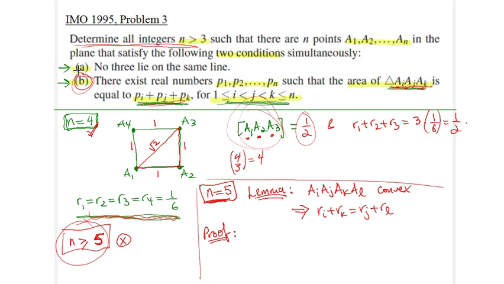So we just realize that whenever we have a convex quadrilateral like this, A_i, A_j, A_k, A_l, it is possible to split it into two triangles in two different ways.